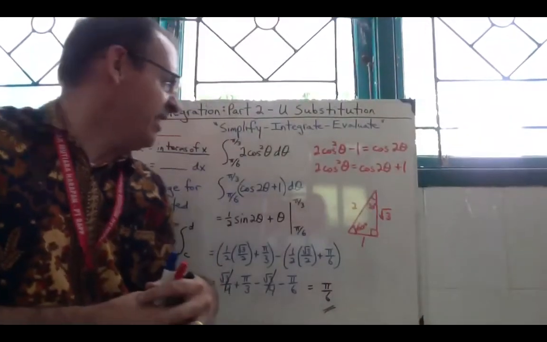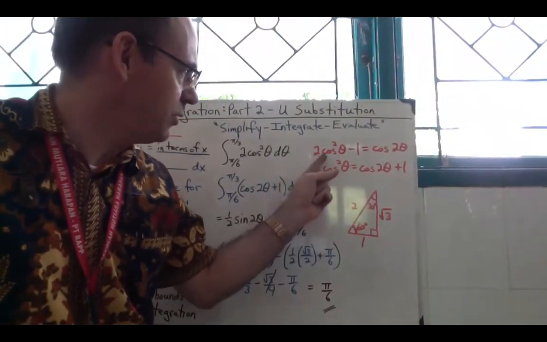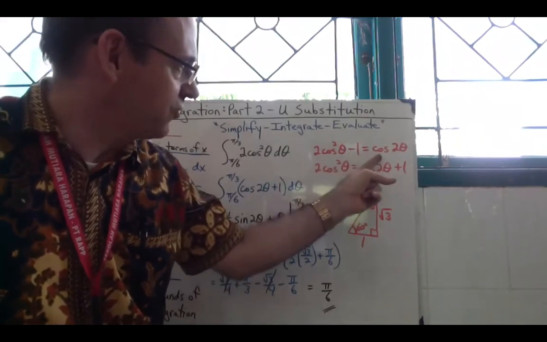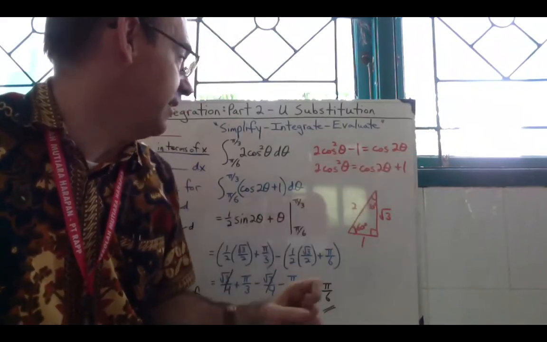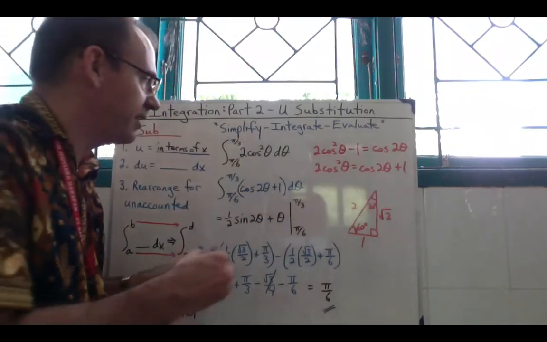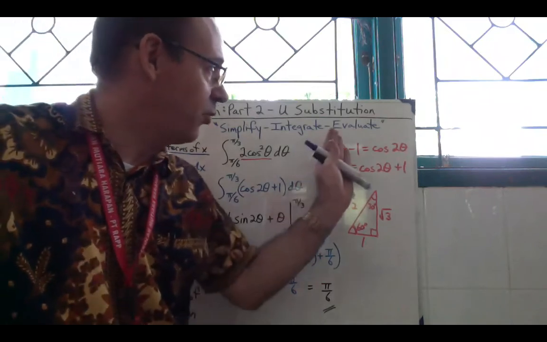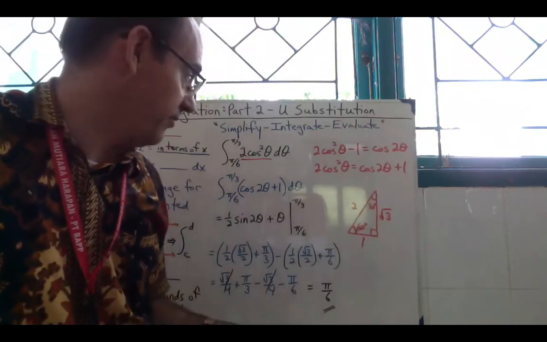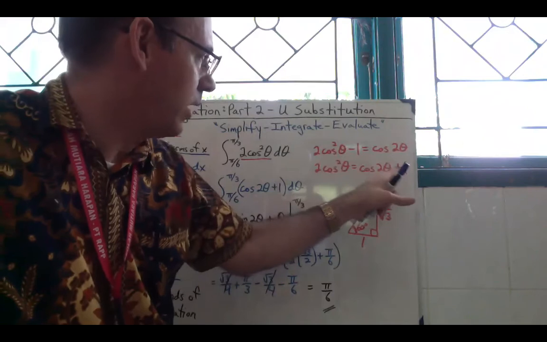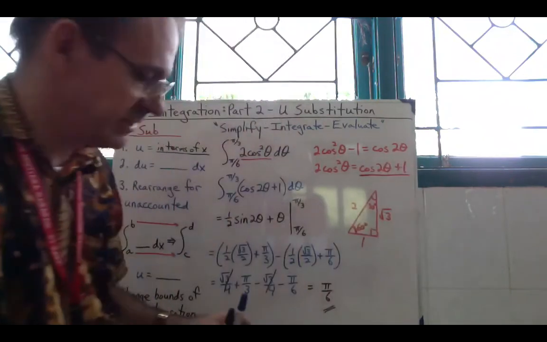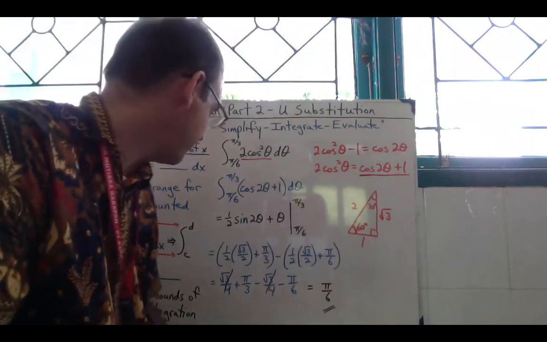So what we looked up is 2 cosine squared theta minus 1 is equal to cosine 2 theta. Well, we just need the 2 cosine squared theta part, and we don't want an exponent on the other side. So we add 1 to the other side, and we can replace that with cosine 2 theta plus 1.